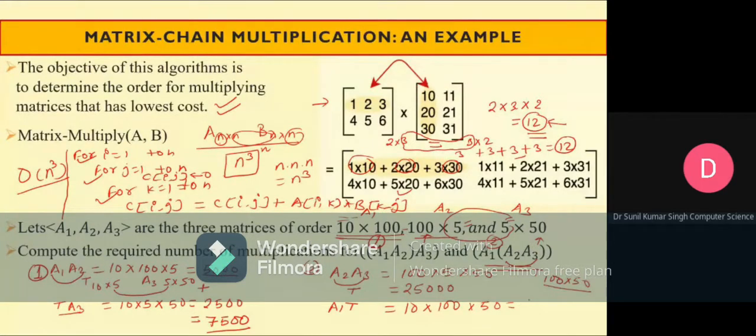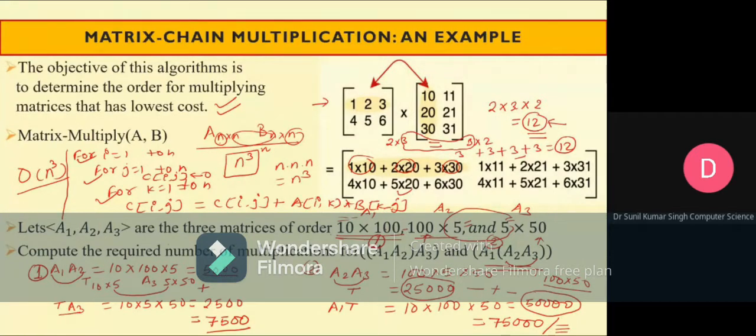So I think this value is going to be 50,000. And if we are going to add these two values, it is going to be 75,000.